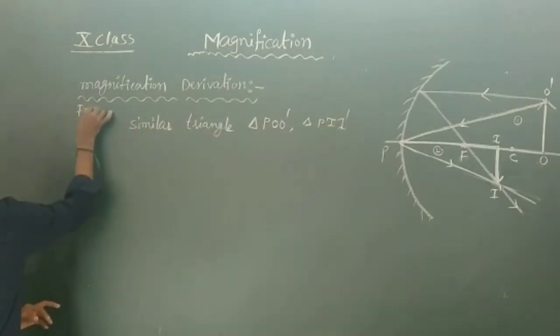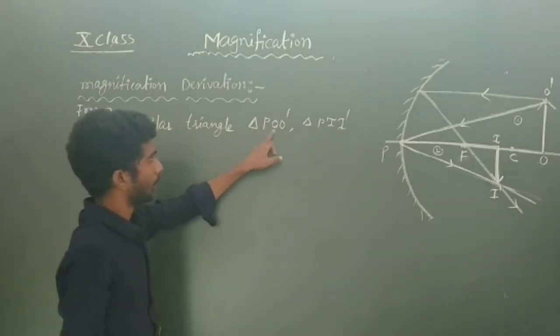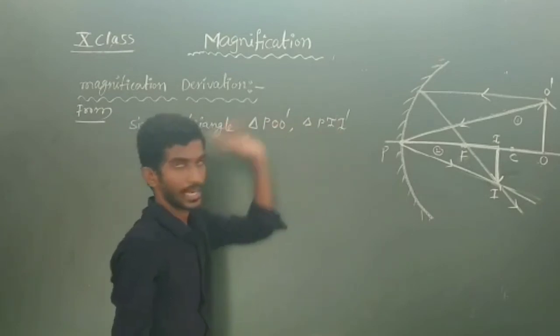From this diagram, two similar triangles are there, triangle P O dash and triangle P I dash.